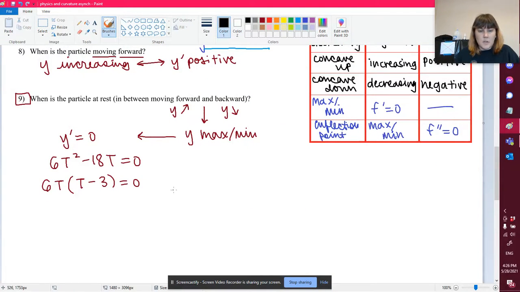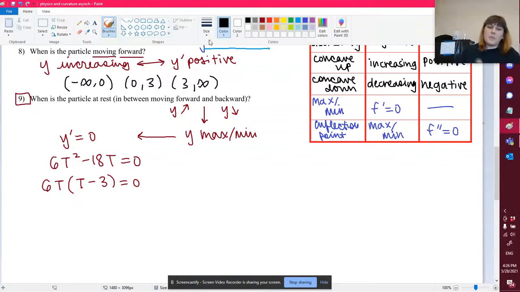Once we figure out, spoilers, that this is at 0 and 3, we know that the 3 intervals are negative infinity to 0, 0 to 3, and 3 to infinity. And we want to say which ones of these is our particle moving forward, so which ones of these have positive derivatives, and which ones of these are moving backwards, which ones have negative derivatives.